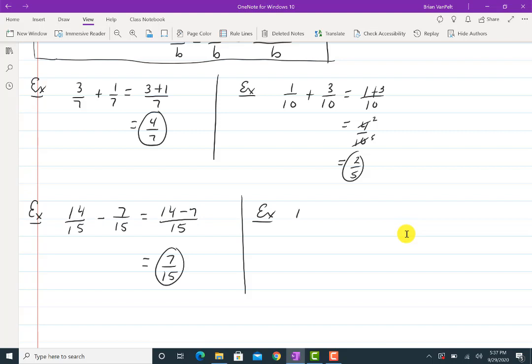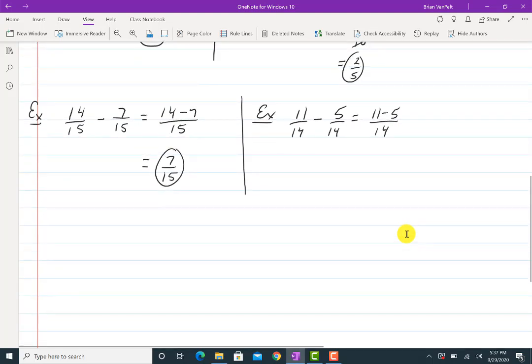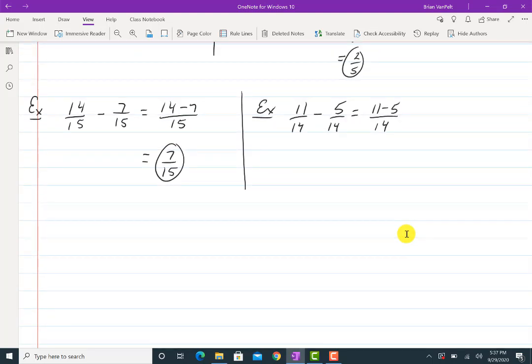Then we have 11 over 14 minus 5 over 14. That equals 11 minus 5 over 14. So the denominator stays the same, of course, until I do some simplifying if need be. 11 minus 5 is 6, so I get 6 over 14. And then once again, I can divide out a 2, and I'll get 3 over 7.